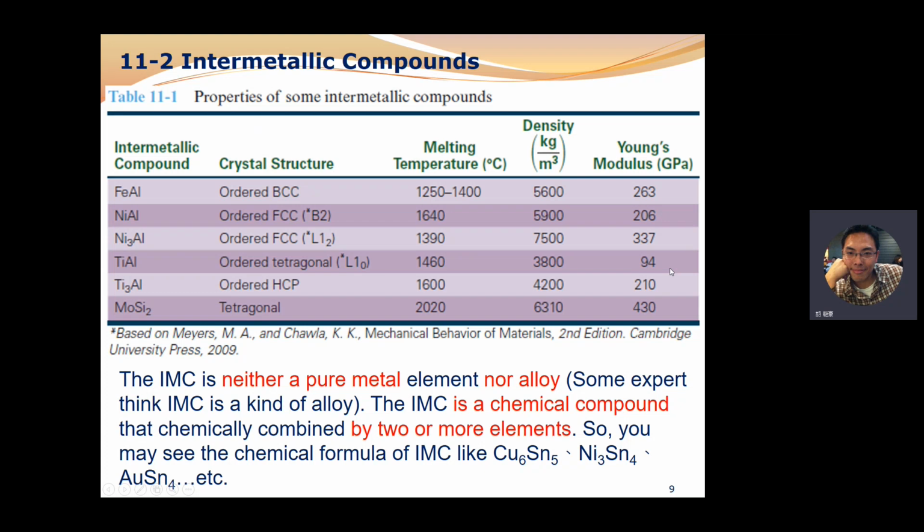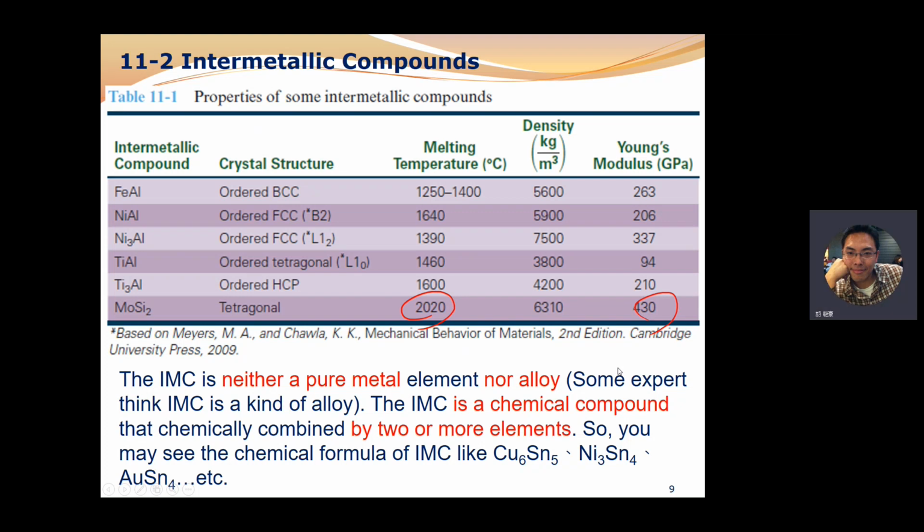Usually the intermetallic compound has a higher melting temperature, indicating that its strength is higher than others. So you can see the molybdenum and silicon, right? Its melting temperature is about 2000, and its Young's modulus is about 430 gigapascal.